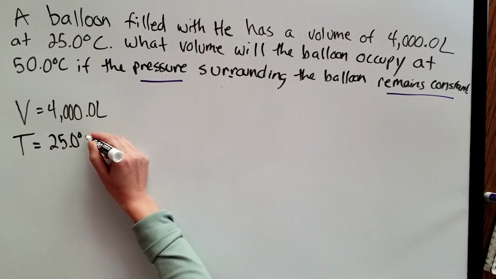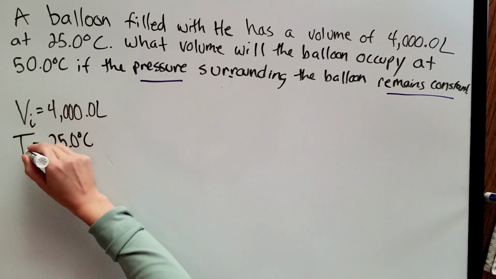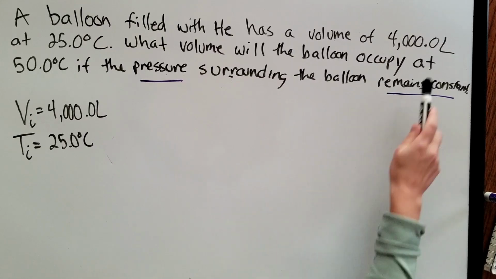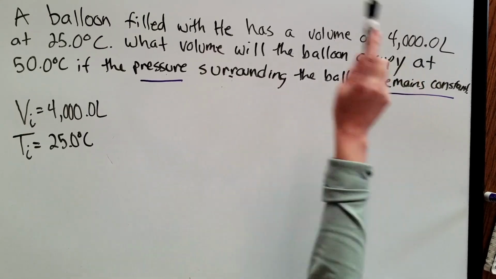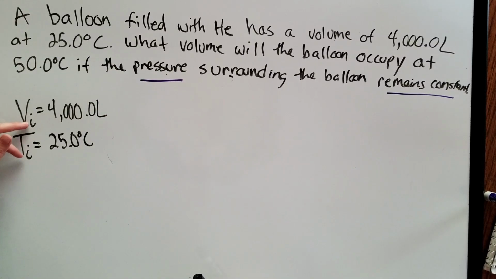For both of these, I'm going to label them VI and TI because they go together, because the volume is 4,000 liters when the temperature is 25 degrees Celsius. So that's why they're both going to have I's by them, for initial volume and initial temperature.